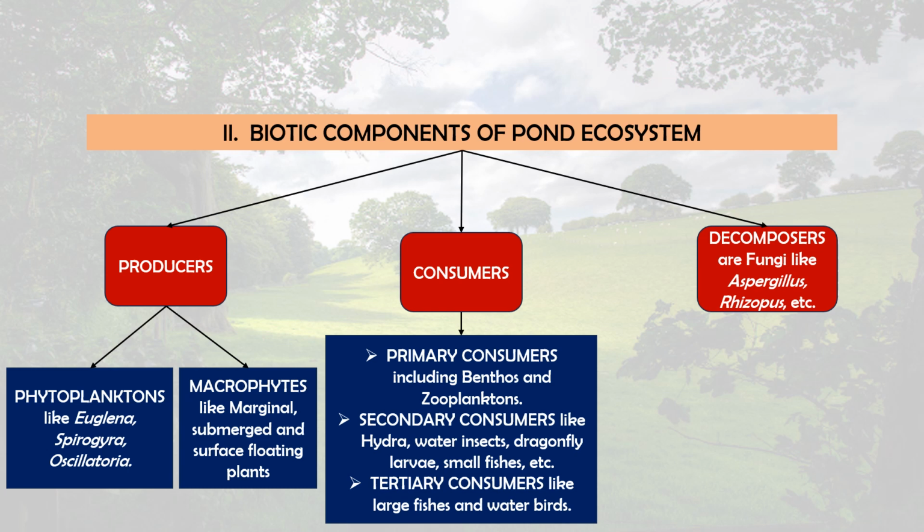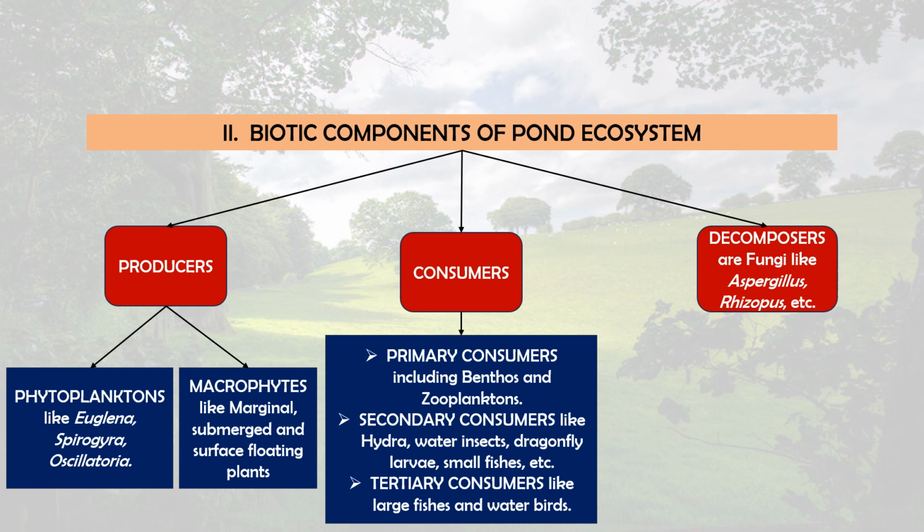So they are found in the bottom layer, lying at the bottom of the pond. Example, some fish, some insect larvae, beetles, crustaceans, snails, etc.